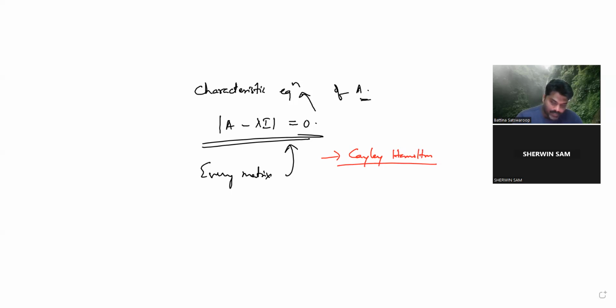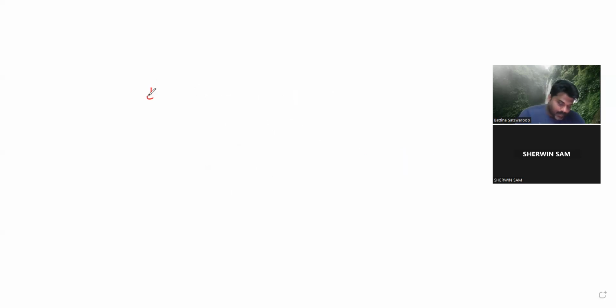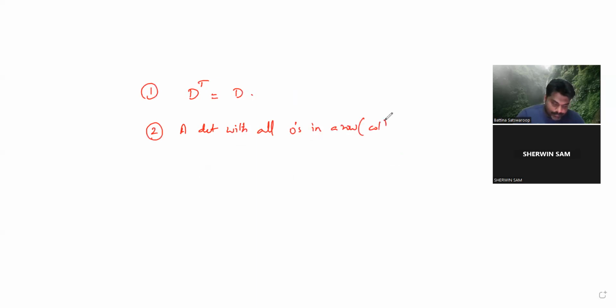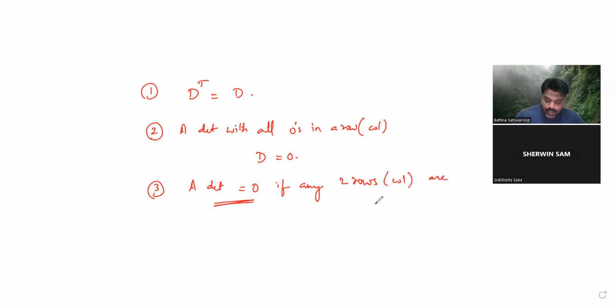And there are certain properties for determinants, sir. Number one, the determinant of the transpose will be equal to the determinant only. A determinant with all zeros in a row or column will have value equal to 0. The determinant value will be 0 if any two rows or columns are identical.